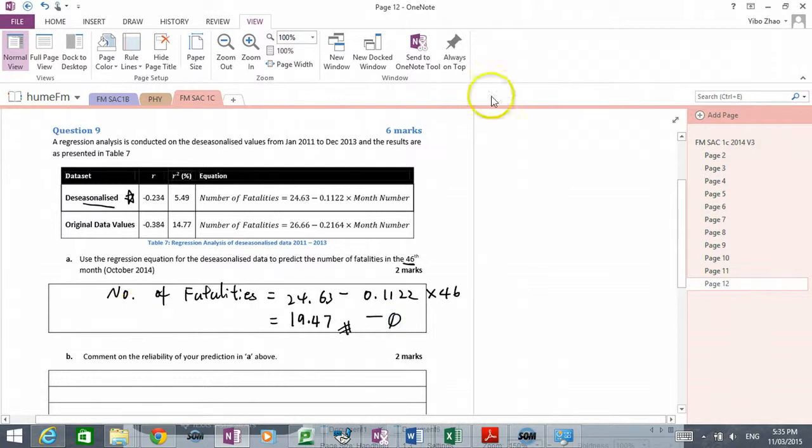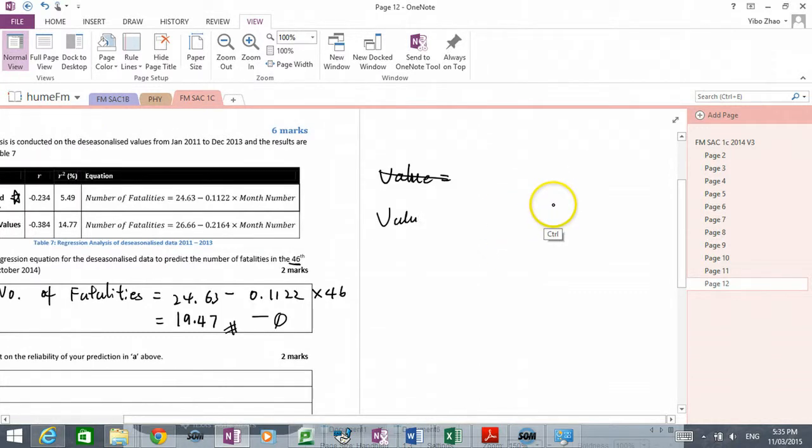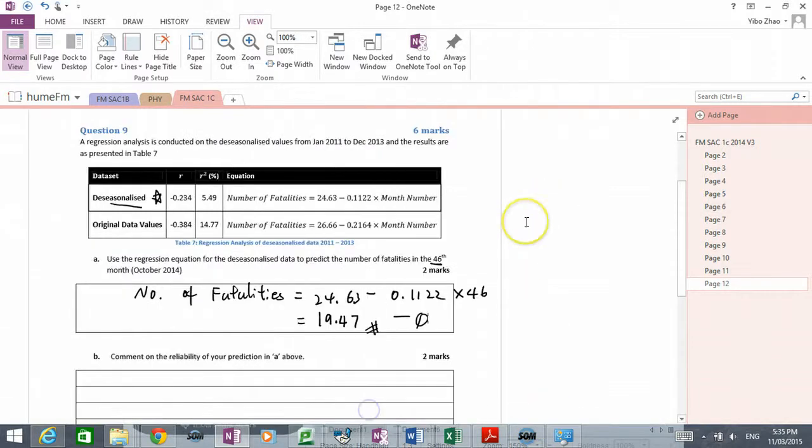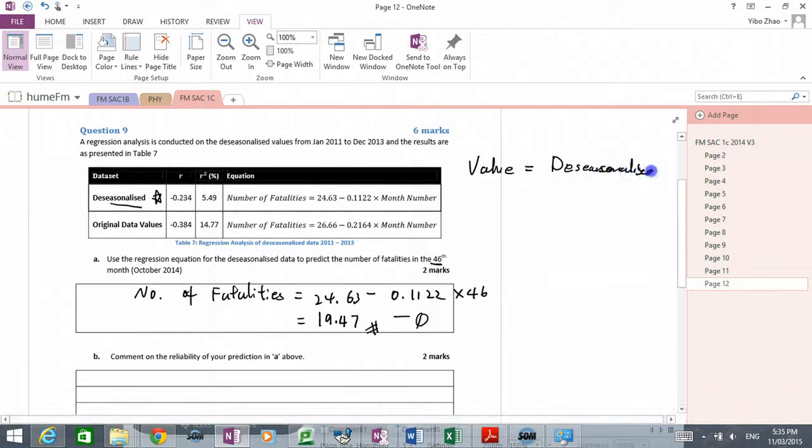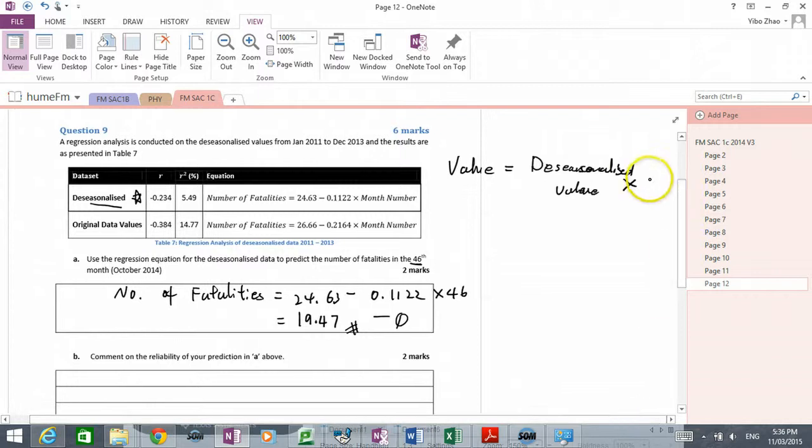Remember the equation in your formula book: the real value is going to be the deseasonalized value times the seasonal index.